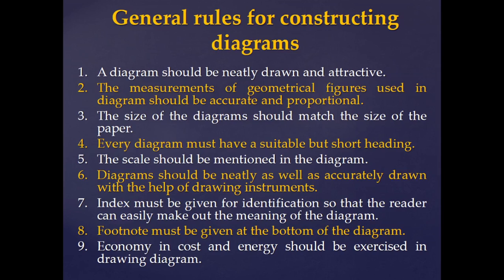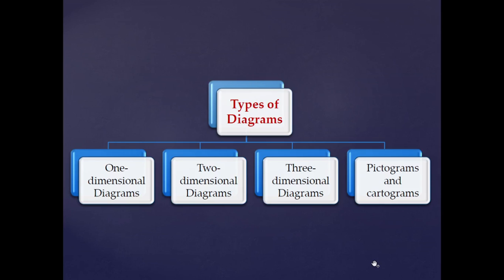The scale should be mentioned in the diagram. Diagrams should be neatly as well as accurately drawn with the help of drawing instruments. They should not be drawn with freehand curves. An index must be given for identification. Every diagram should be numbered and a footnote must be given at the bottom of the diagram. Economy in cost and energy should be exercised in drawing diagrams.